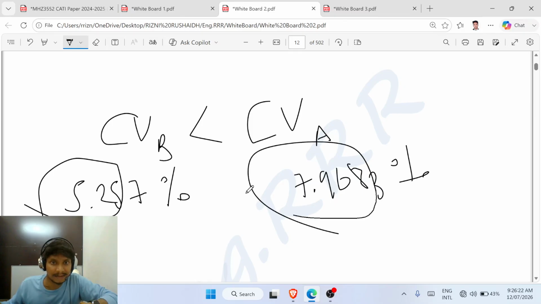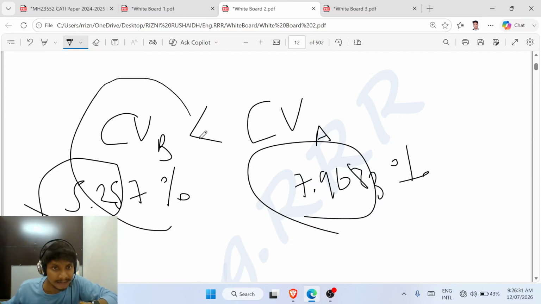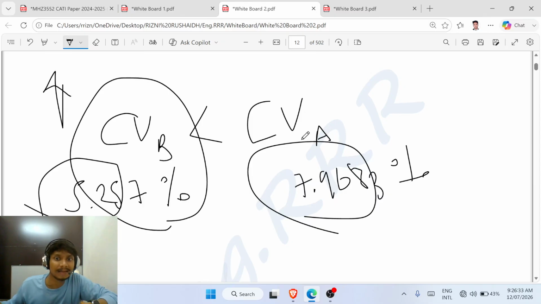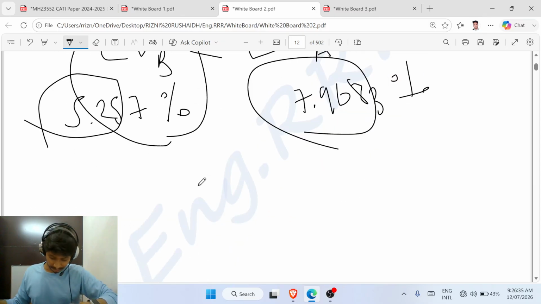Approximately 5 is less than 7. Therefore, CVB is less than CVA. Therefore, the reliability of B is greater than A. That is how we have to write it.